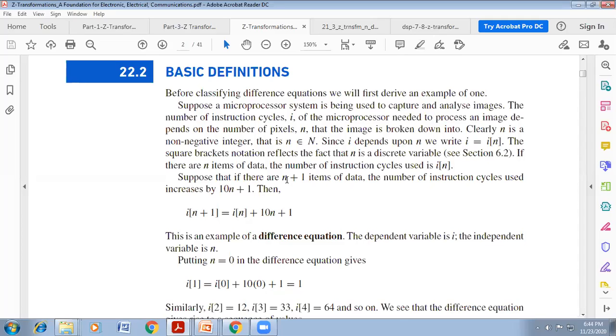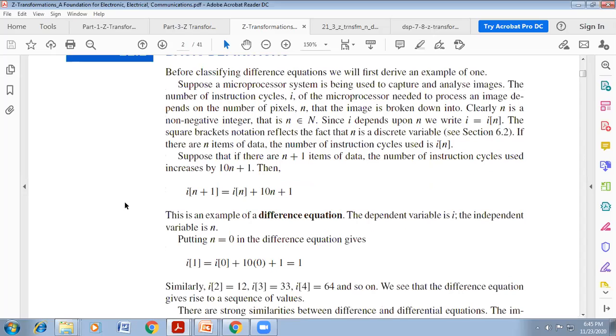Suppose we have n plus 1 items of data, then the number of instruction cycles used increases by 10(n+1). So I[n+1] equals I[n] plus 10(n+1) cycles. And this is an example of a difference equation.